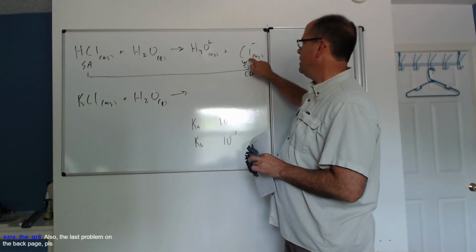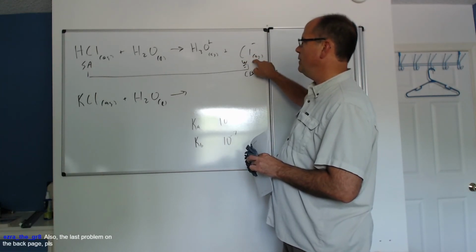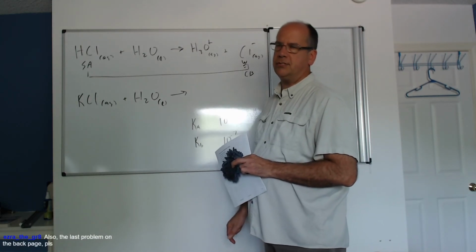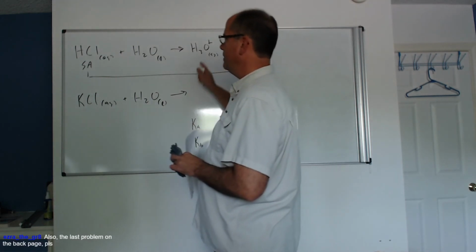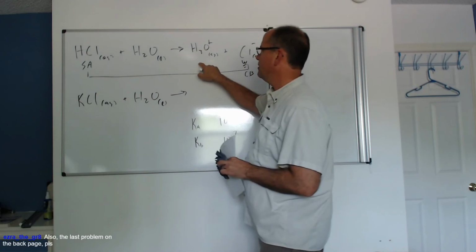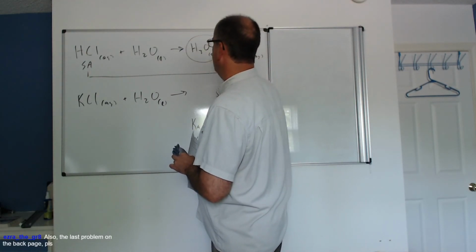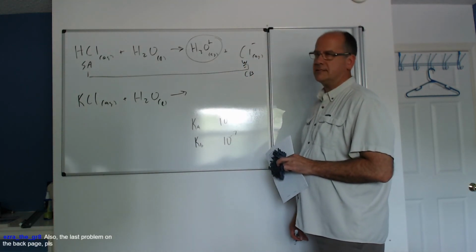So this anion is too weak to contribute to the pH change. What's contributing to the pH change is the hydrogen that came off to make hydronium. So anytime on the right-hand side you have hydronium, you know the pH of that is going to be acidic.